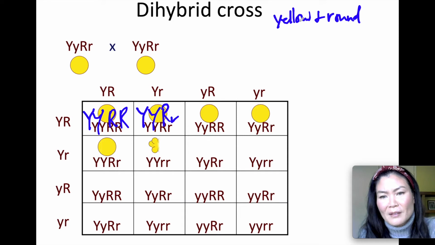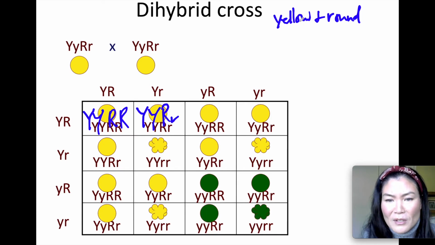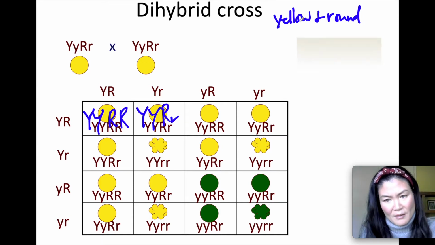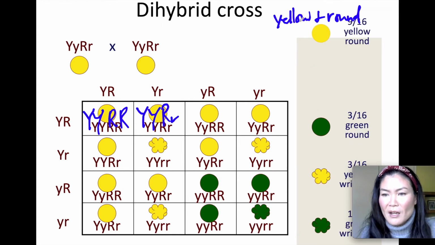Okay, this one is actually physically showing you the phenotype. So some are going to be round and yellow, or yellow and round. Some are going to be yellow and wrinkled, and then some of them are going to be round and green, and then wrinkled and green. Okay. And if you were to count them, this is what you would get.